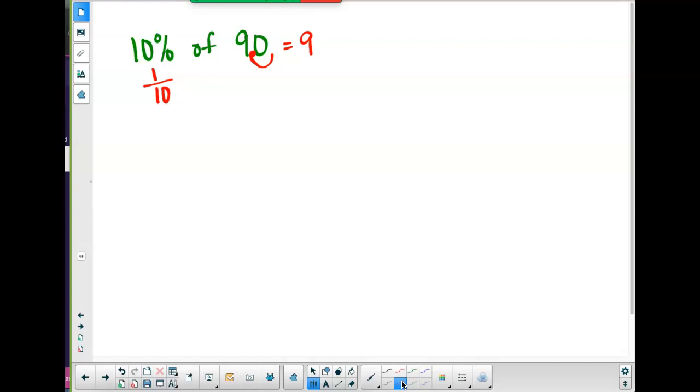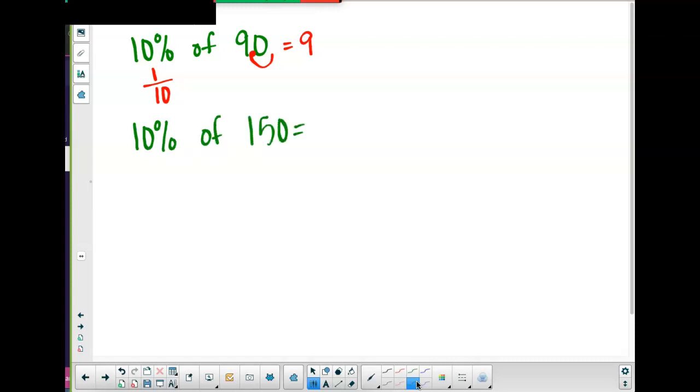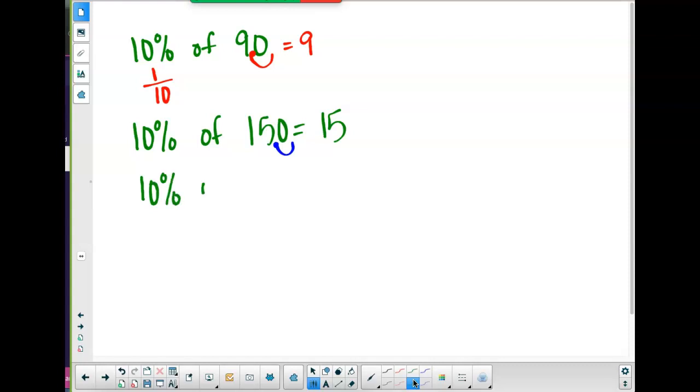Okay? How about this one? What's 10% of 150? Lily? 15. Because we're just going to move your decimal over 1. See how easy that is to do? Okay? What's 10% of 73? Brilliant. 7.3.